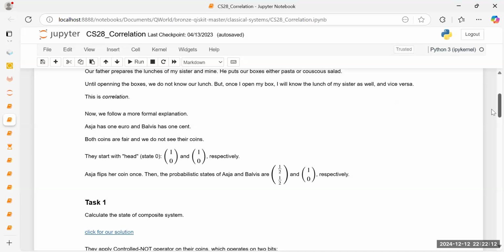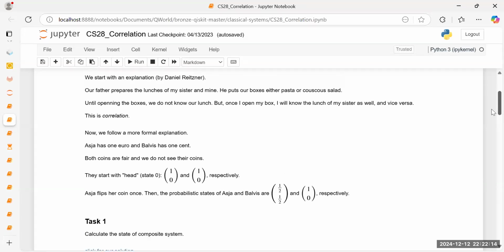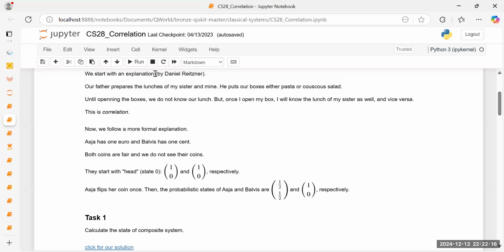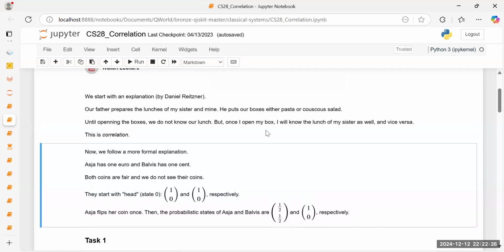So I'm going to describe the experiments that we spoke about. So we said Daniel's dad has 2 coins, a euro and a cent coin. And what he's going to do is that he wants to play a game with Daniel and Daniel's sister. So he's going to take the euro coin and toss the euro coin.